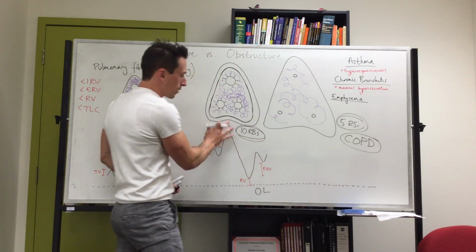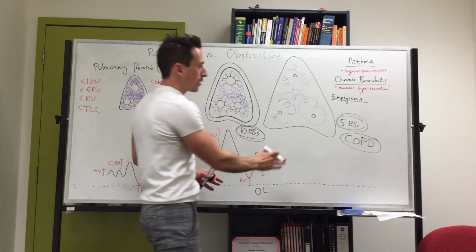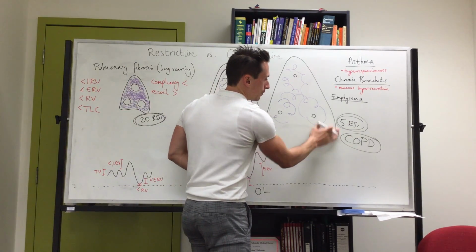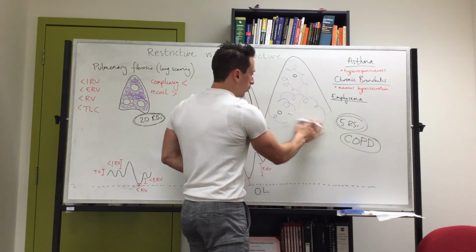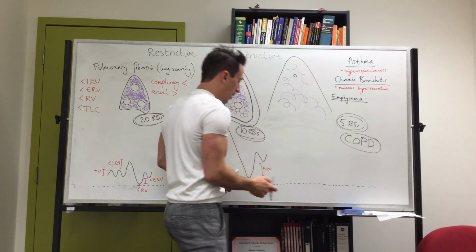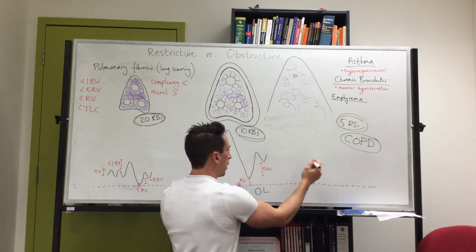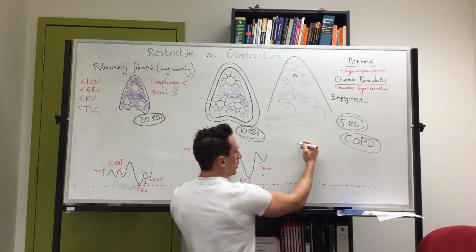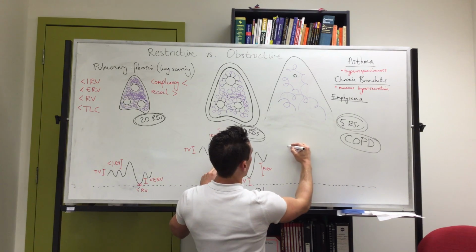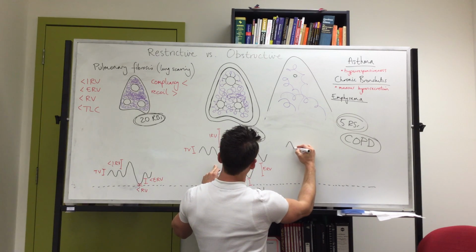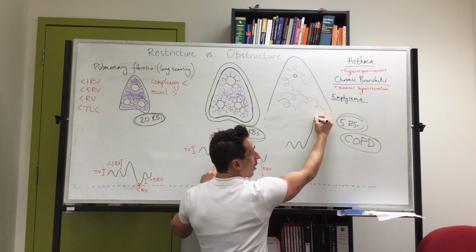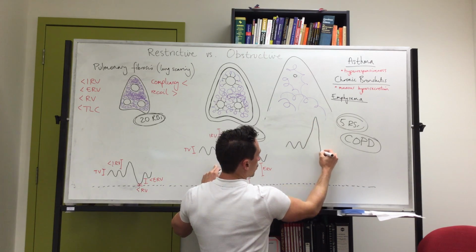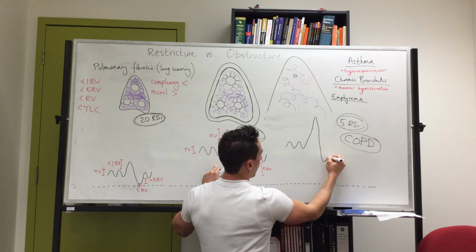So if we were to draw this up again, what you're going to find, and I have to rub this out a little bit because I'm going to go a little bit higher, is that I said the residual volume is higher. The tidal volume is going to be not too bad. The inspiratory reserve volume is going to be quite high. The expiratory reserve volume is going to be quite poor.